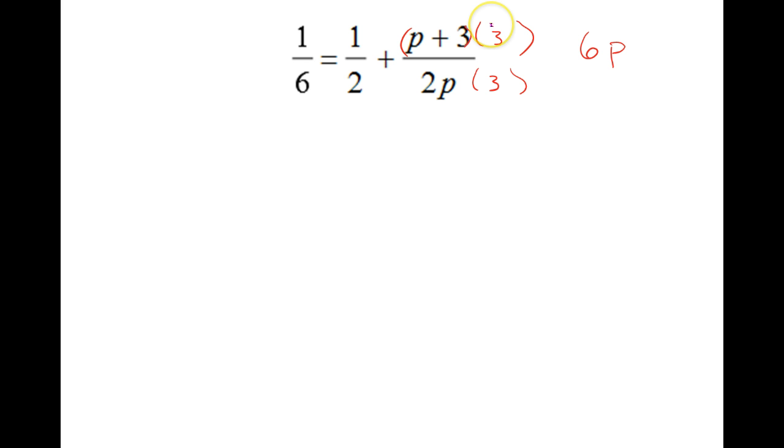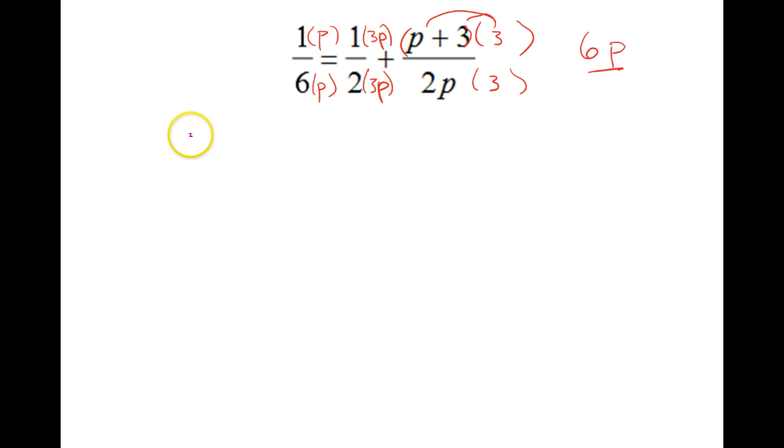And keep in mind, when I simplify on top, I'm going to have to distribute that 3 to both the p and the 3. For the 1/2 on top and bottom, I'll have to multiply it by 3p because that'll give me 6p. So on top, I'll also have to multiply by 3p. And for the 1/6, I'll just have to multiply here by p, so it already has the 6.